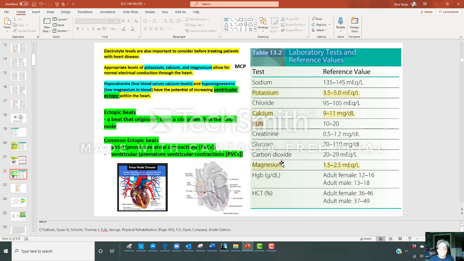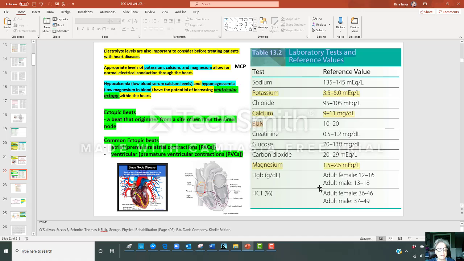Okay, so moving on to hypocalcemia, which is low blood serum calcium, and hypomagnesemia, low magnesium in the blood. These have the potential of increasing ventricular ectopy within the heart.